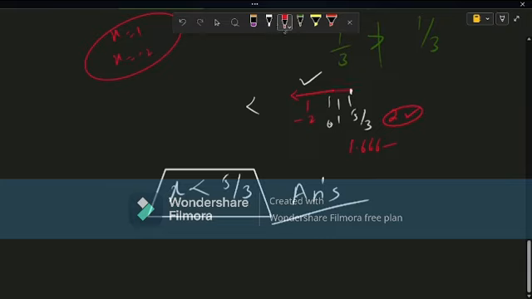So you can see over here, this is an empty ball. This is your final answer.